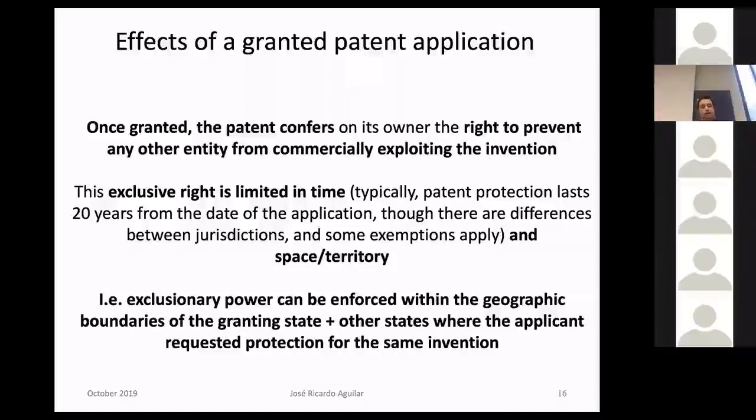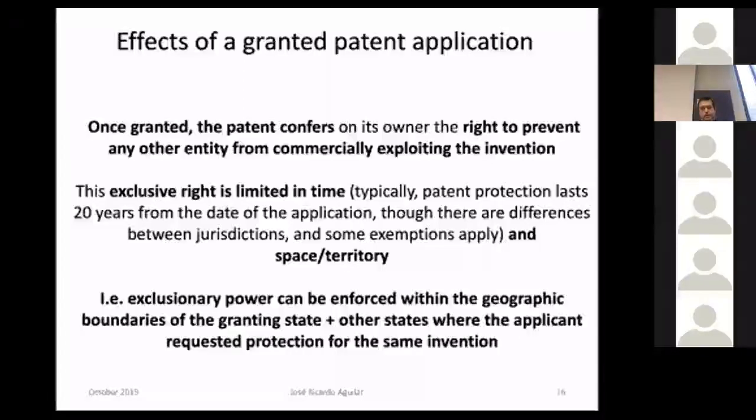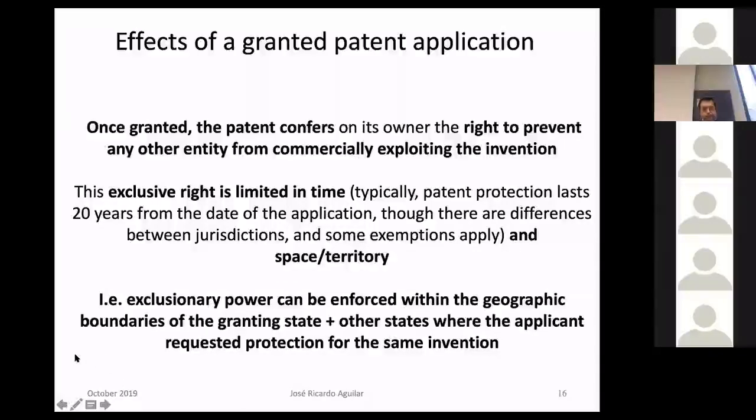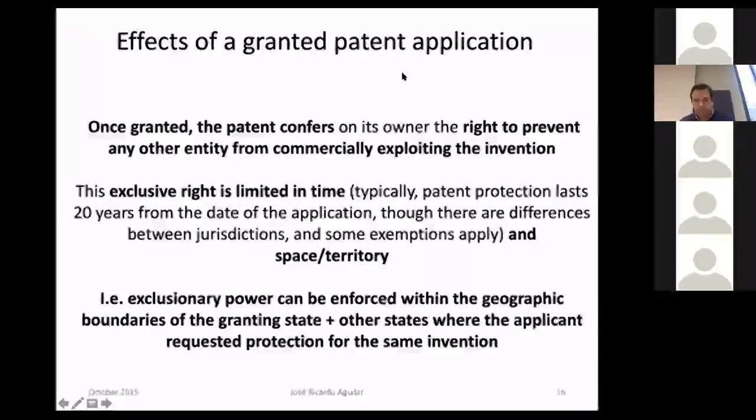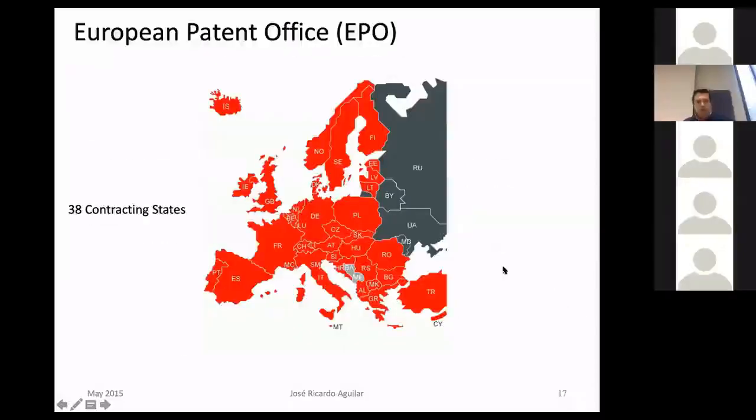So this is another very important thought, is that you clearly need to assess which are the territories that are important for you to have protection. So with regard to protection, we can use the European Patent Office patent application, which will allow you to extend your patent application to these 38 contracting states.